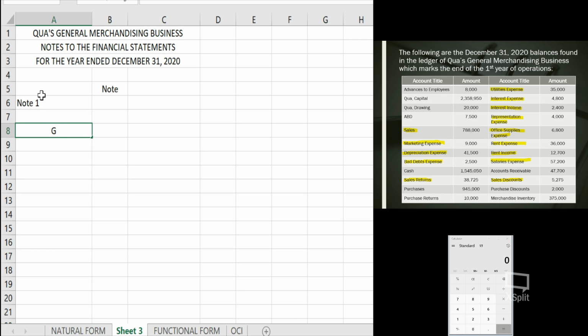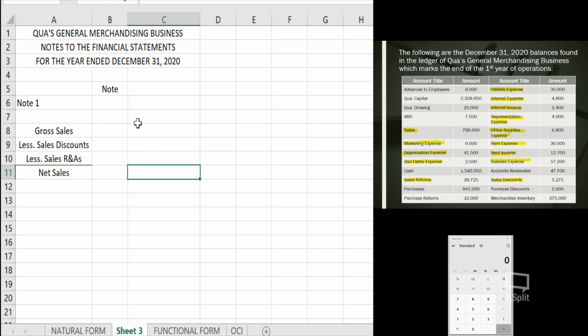So, what is the formula for net sales? This one should be gross sales less sales discounts less sales returns and allowances equals net sales. Okay, so yan ang formula ng ating net sales kung maalala nyo. Tingin ko naman naalala nyo pa yan. Okay? So, what are the amounts?